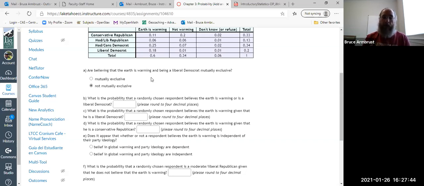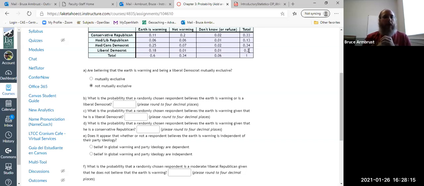So in this case, it would be the probability that the earth is warming, which is this number right here, 0.6. And then we want to add to that the liberal Democrat, which is 0.2. So those are the 2 that you add. You take the 2 events that we're looking at and you add them together.